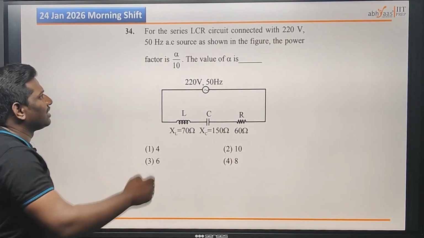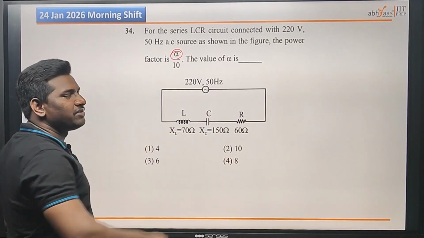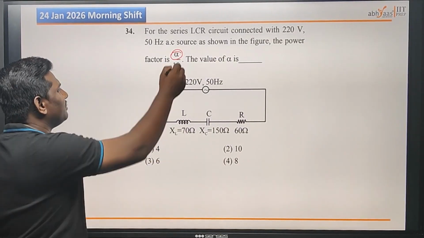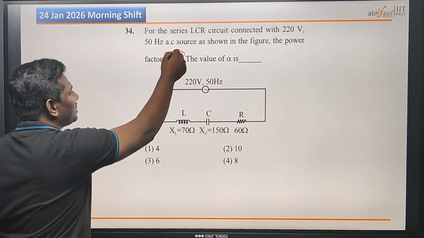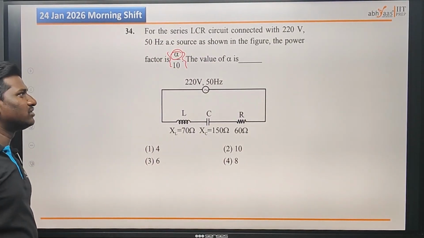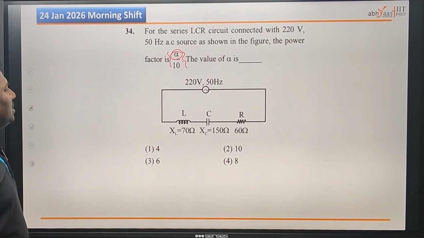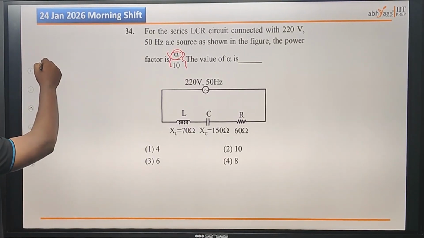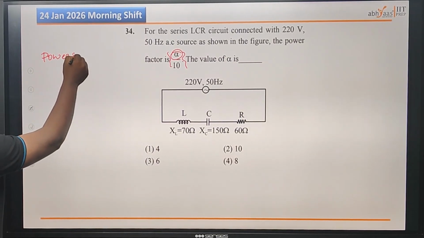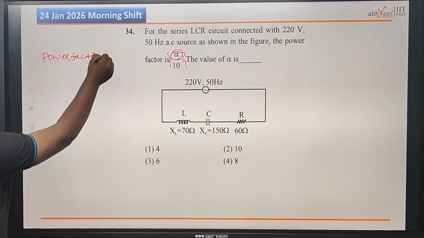They are asking for some constant value. They have already given the answer, but they are asking for one constant value. So see here, what is the power factor? So power factor can be written as R by Z.